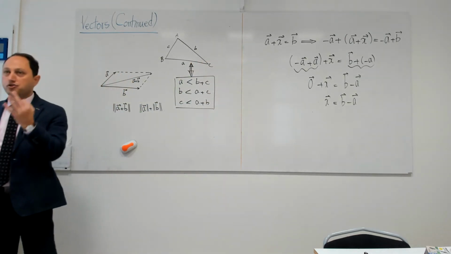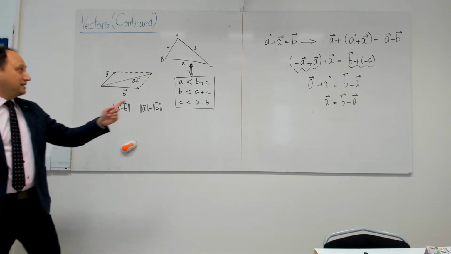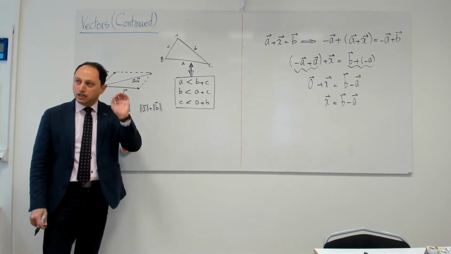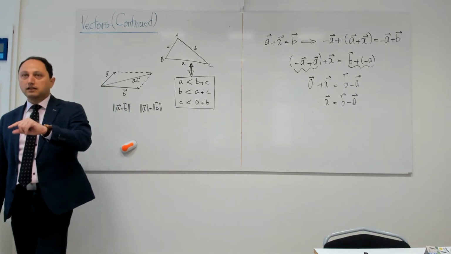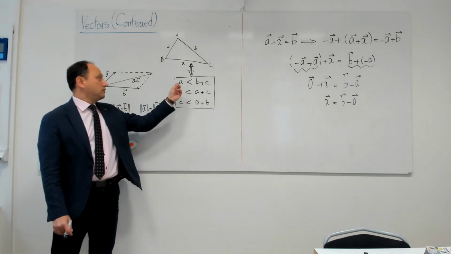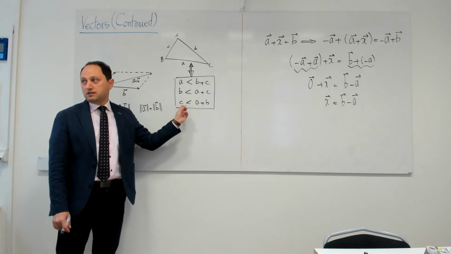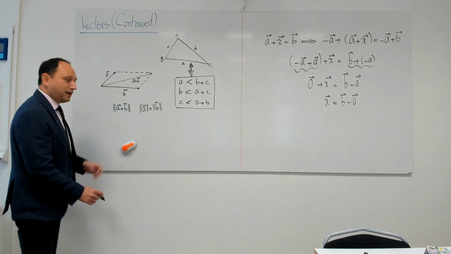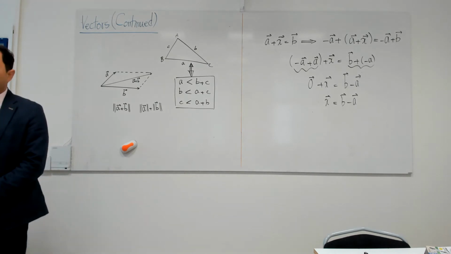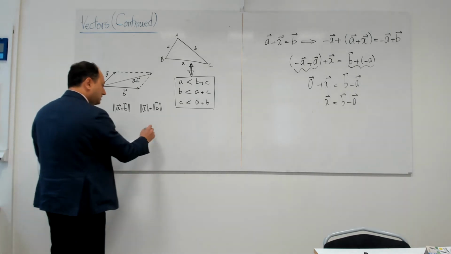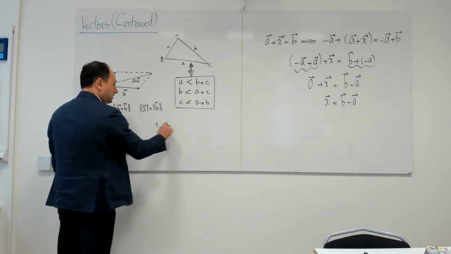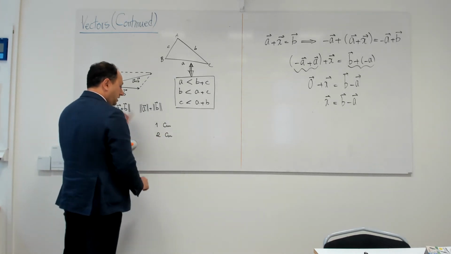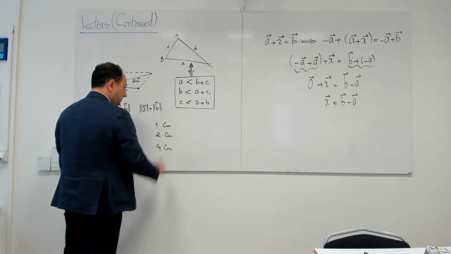Now the other way around is also correct. If I give you three numbers so that they follow all these three conditions, then definitely you can construct a triangle whose sides are of these lengths. This is important to understand. Because, for example, can you construct a triangle so that one side is 1 centimeter, the other side is 2 centimeters, and the other side is 4 centimeters?